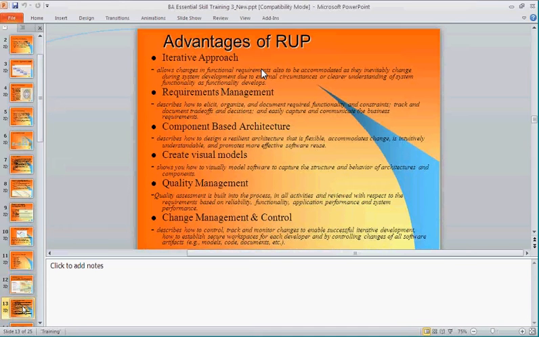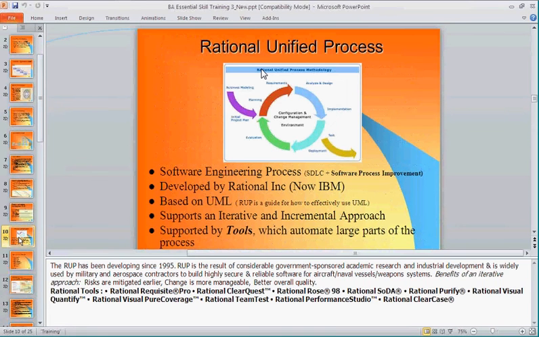Now, the same goes for the tools, because when you follow the RUP methodology, they've come up with tools. I'm sure I've mentioned those tools to you, right? Did we not talk about the RUP tools? Some of the tools. Yes, no?